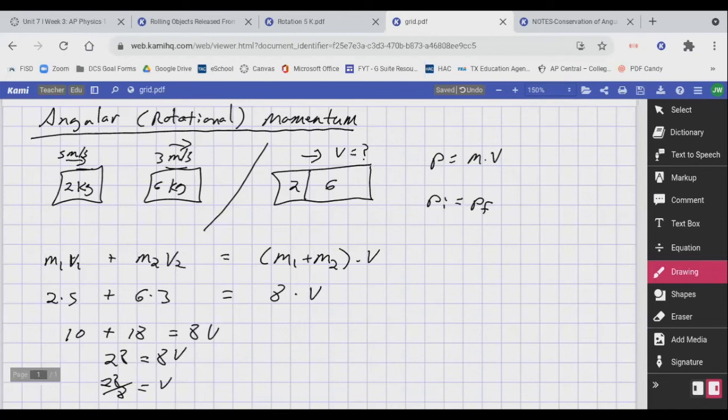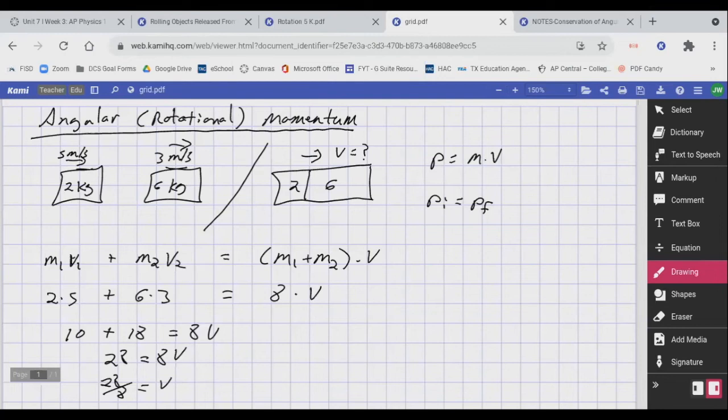Now, a mistake I saw in the momentum test is we had the urge to add up the masses and then add up the velocities and multiply those two numbers. You don't say on the left side, 2 plus 6 is 8, 5 plus 3 is 8, so the momentum is 8 times 8, 64. No. Mass times its velocity plus mass times another velocity plus mass, however many you have, adding those up.